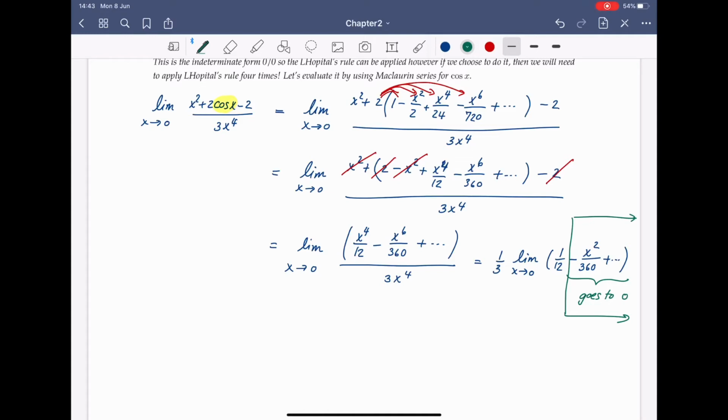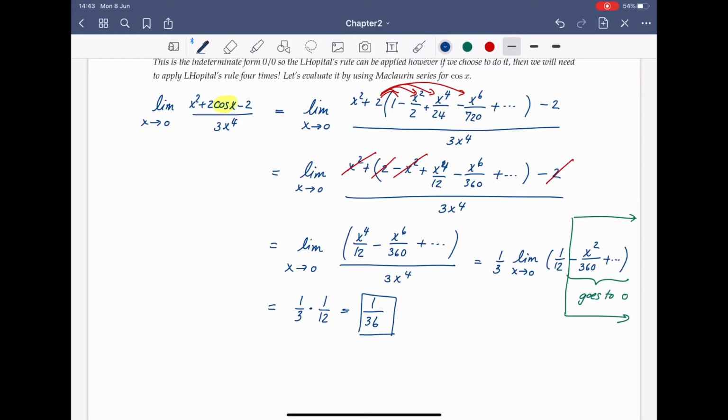So at the end, you're going to have only 1/3 times 1/12, which is 1/36. This is your limit. This is how we use the Taylor series to help you compute limits.